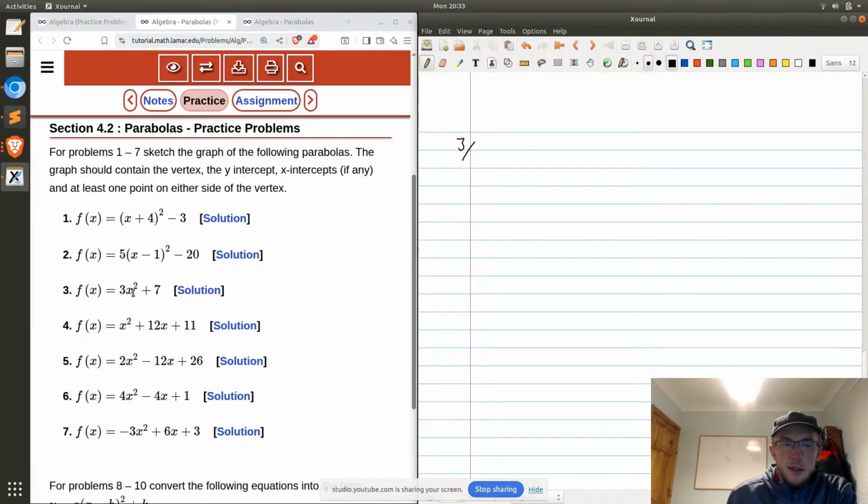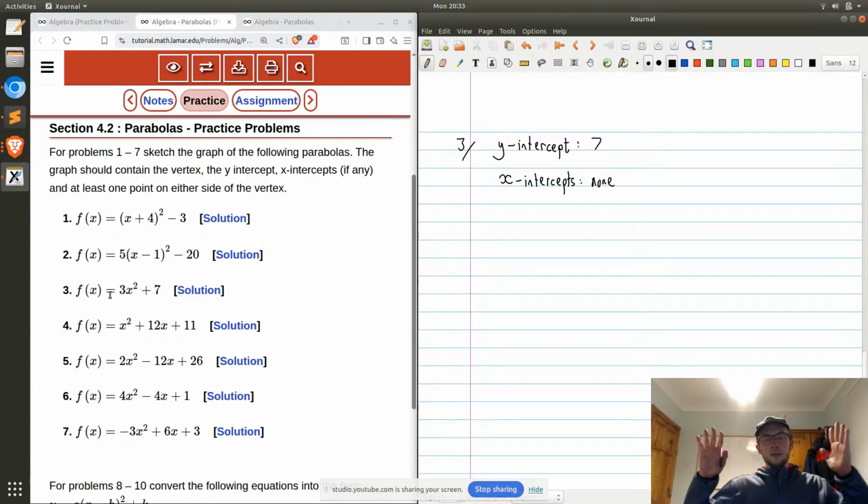So here we have a parabola that's not in vertex form. So what do? Well, the y-intercept is very easy. It's just the number on the end, 7. The x-intercepts, it will have none. And we know this because the 3 in front compresses it horizontally, and the 7 on the end translates it upwards by 7 units.